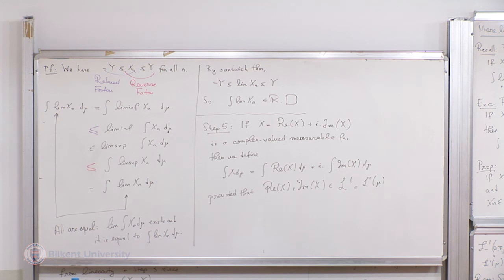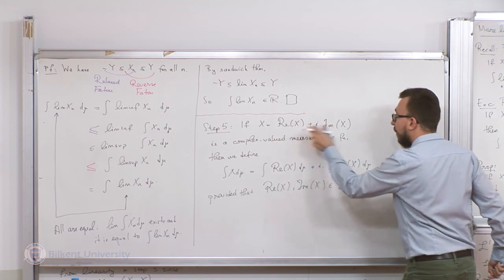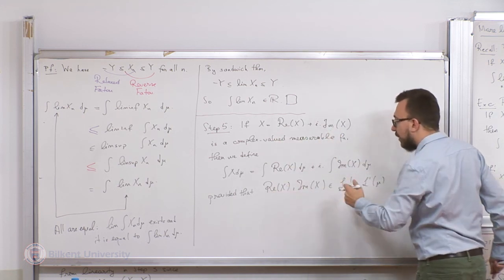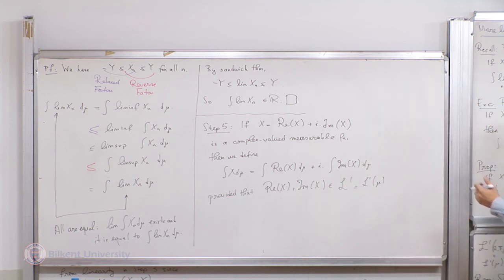So to be able to talk about complex numbers, you need a real valued real part and imaginary part. So you want to avoid infinities here and here. You make sure these are just real valued and integrable functions.